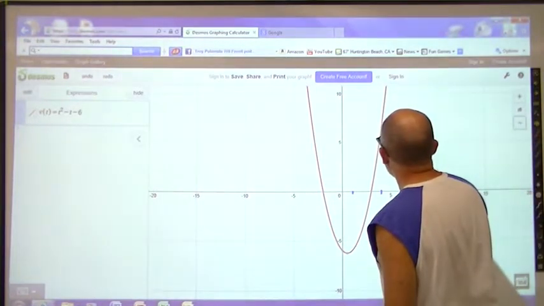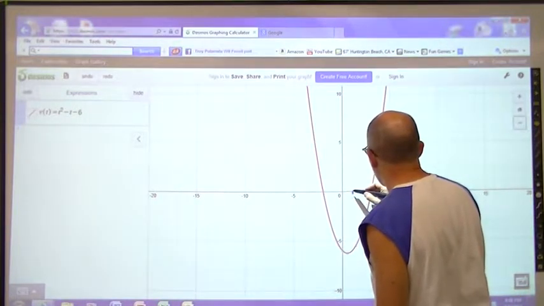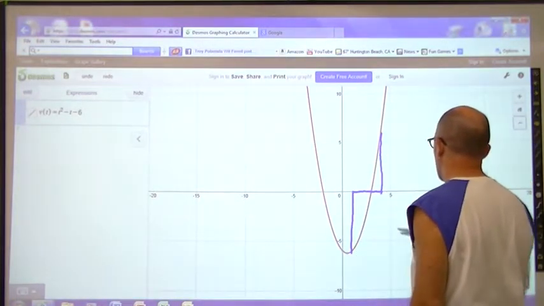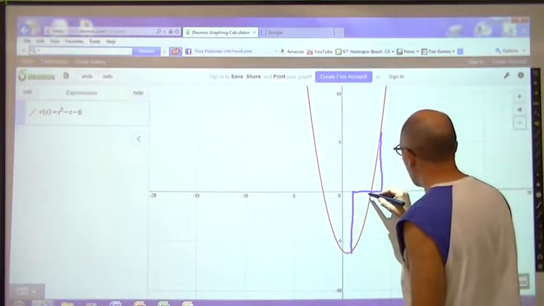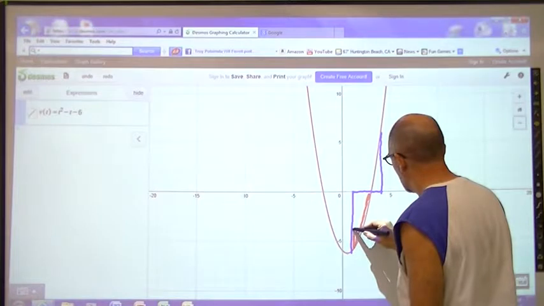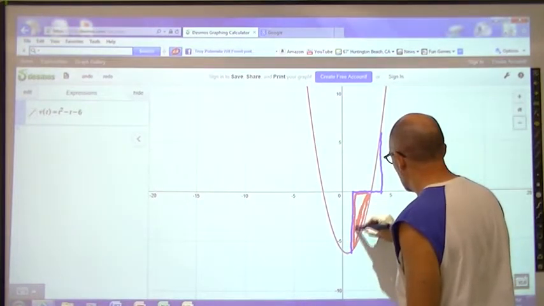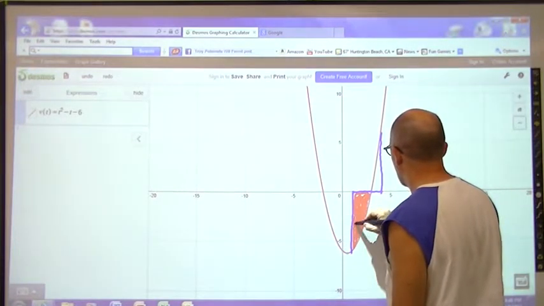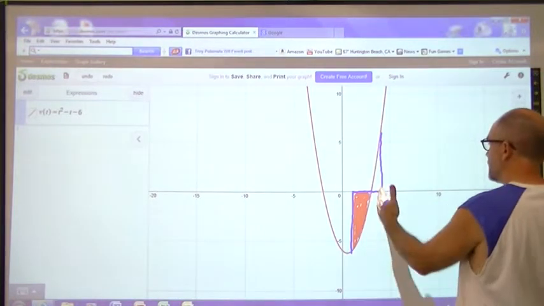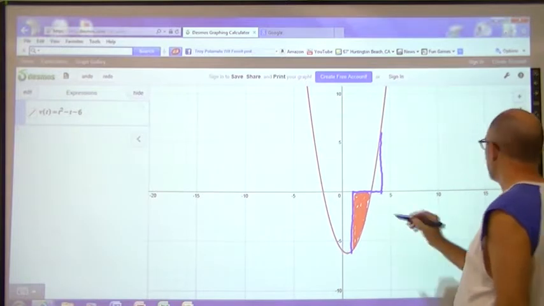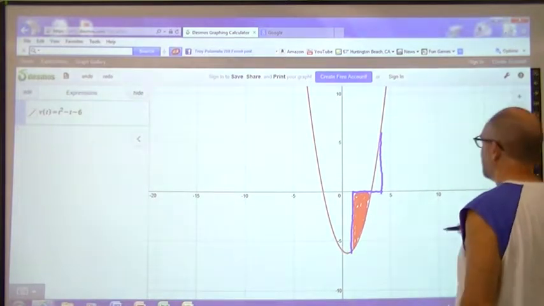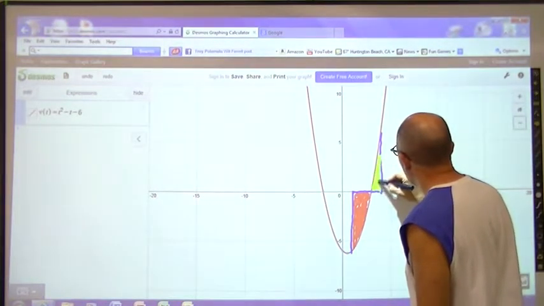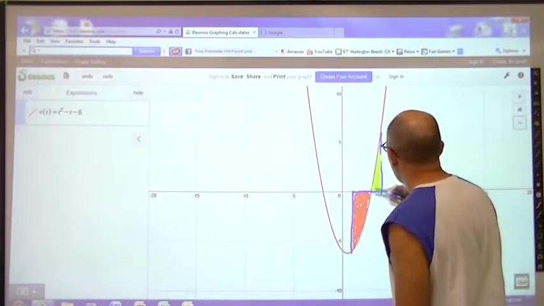So basically, the area from time 1 second to 3 seconds is negative distance, and the area from 3 seconds to 4 seconds is positive distance.